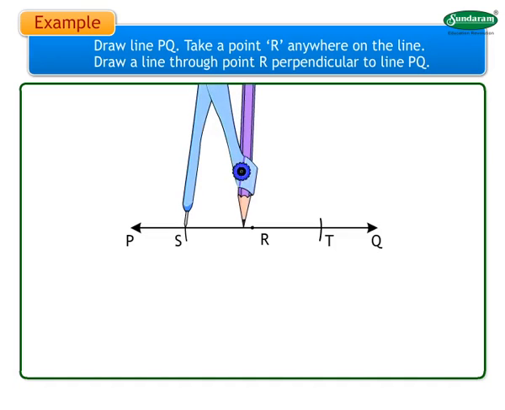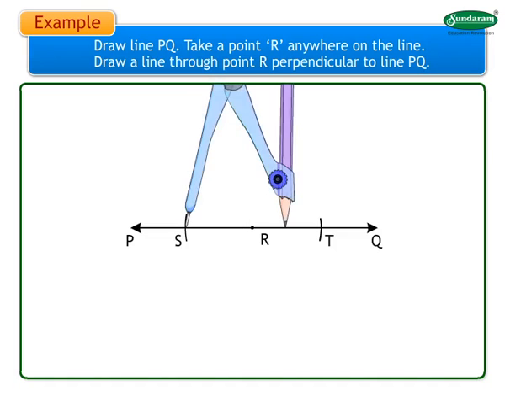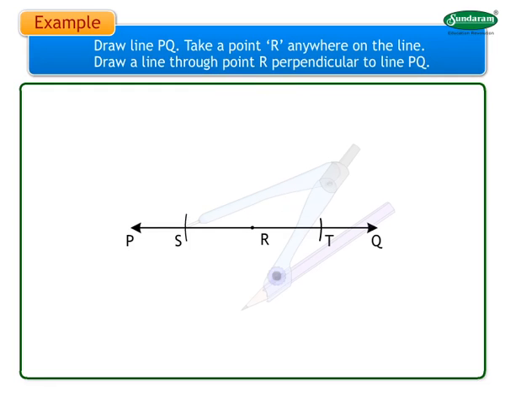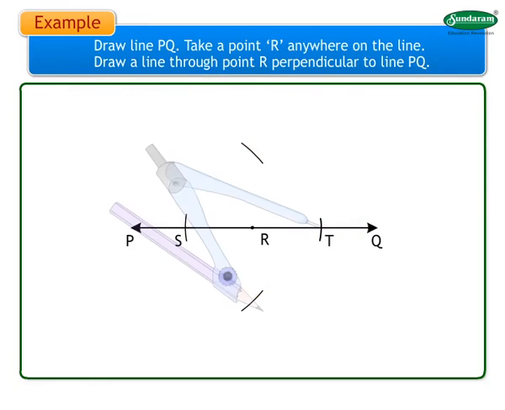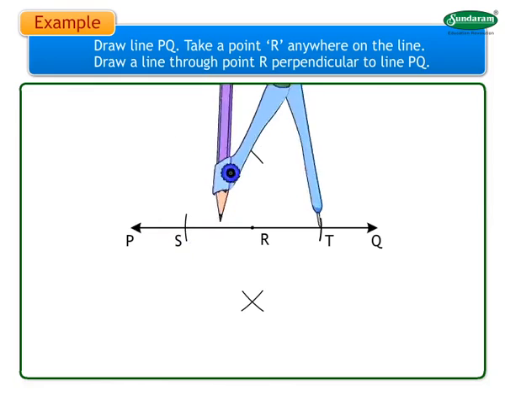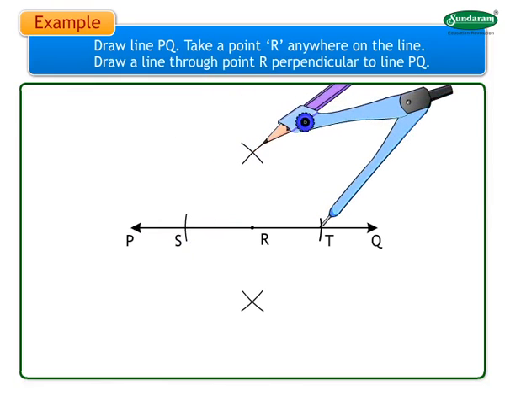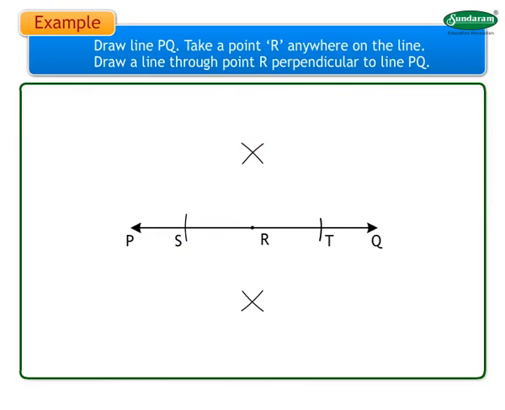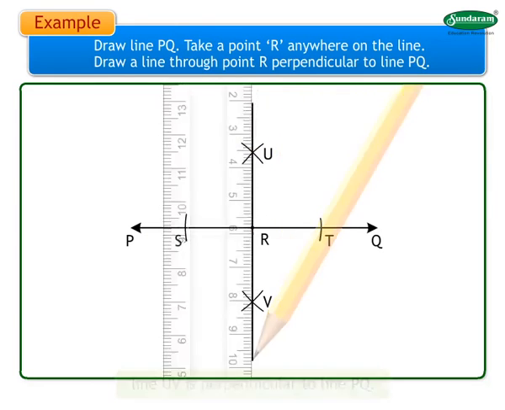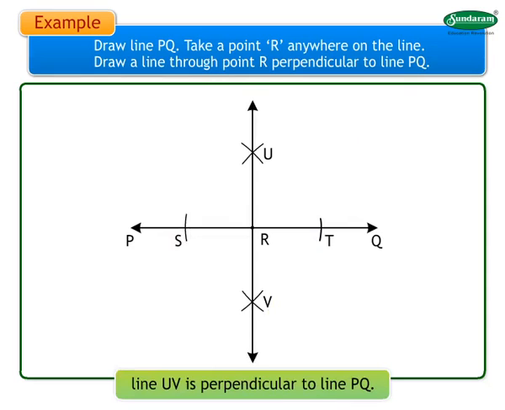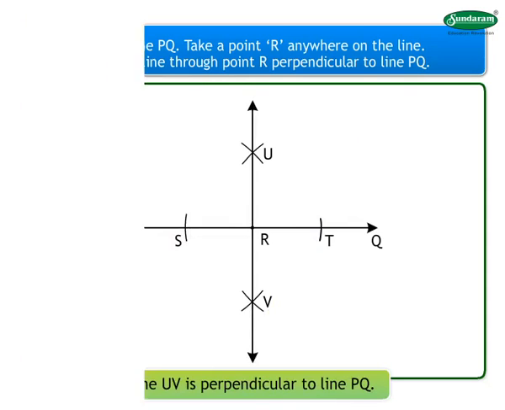Open the compass span to a little more than half of distance between points S and T. Place the point of the compass first on point S and then on T and draw two arcs on both the sides of the line PQ intersecting each other. Name the points of intersection as U and V. Draw line UV. Thus, we have line UV perpendicular to line PQ.